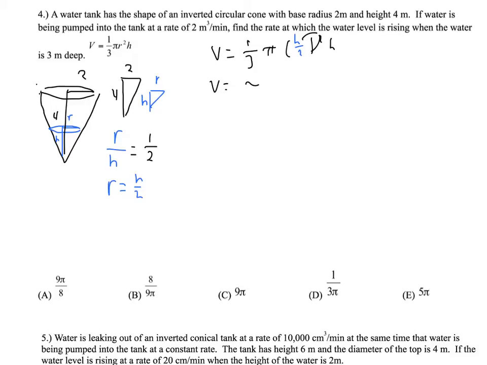So in the numerator, I'm going to have pi h cubed over 3 times 4 is 12. Let's take the derivative of both sides. dV/dt is equal to 3 pi h squared over 12, so pi h squared over 4 dh/dt.